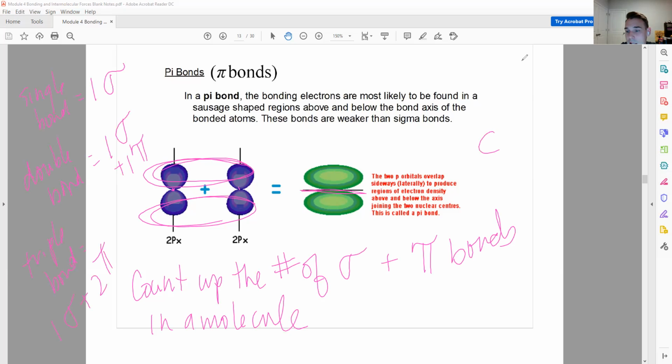So if I had this molecule, I would have 3 sigma bonds, 1 for that single bond, 1 for that single bond, 1 for that triple bond, and then 2 pi bonds from the triple bond. And that's all you need to know about sigma and pi bonds.